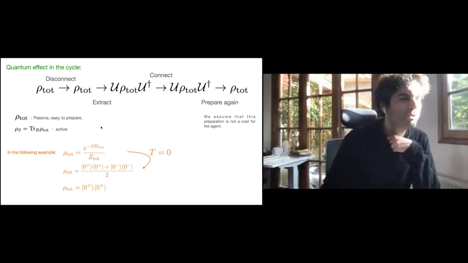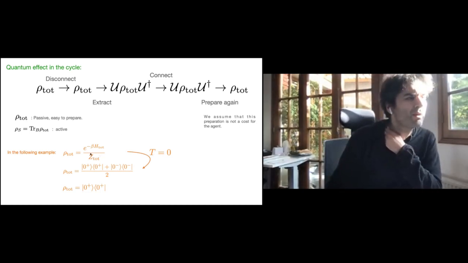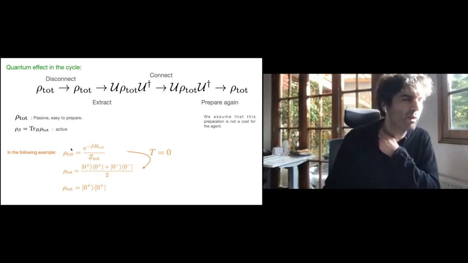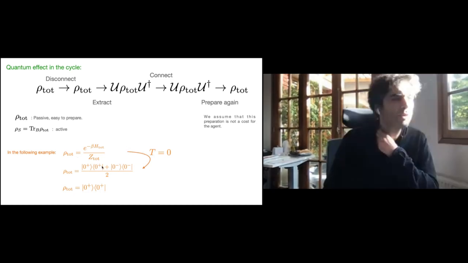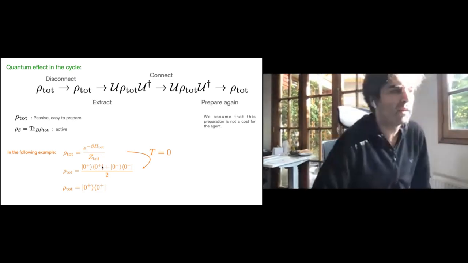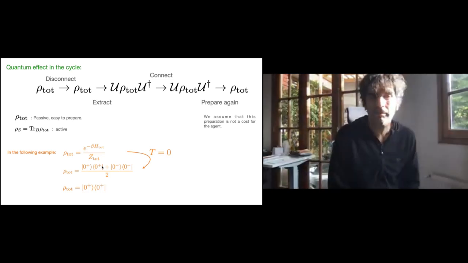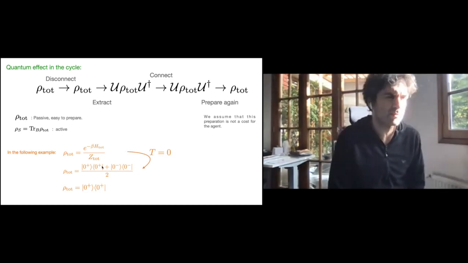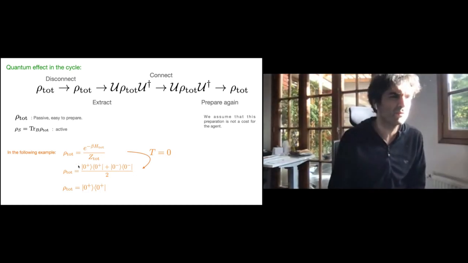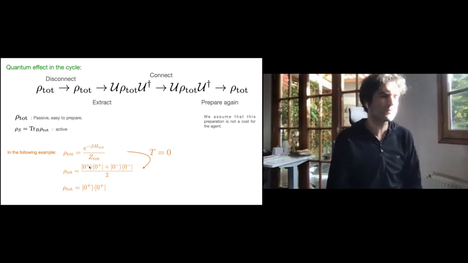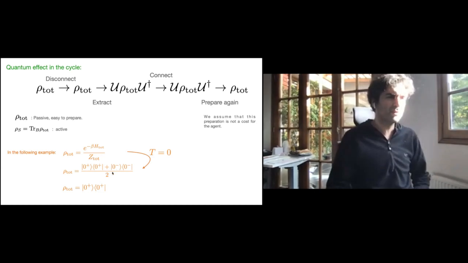So why do I mention this? It is because in the example we will work, as I said, with the thermal state at 0 temperature, but in the example the ground state of the system will be degenerate. There will be two ground states, and the thermal state at 0 temperature will be this mixture of the ground states.